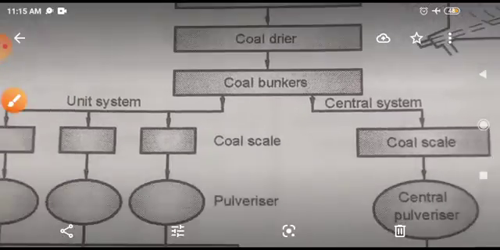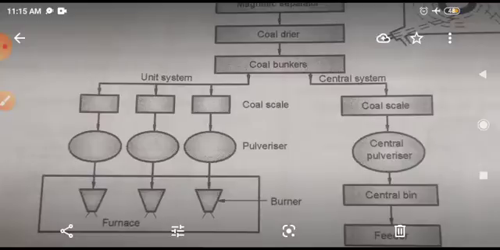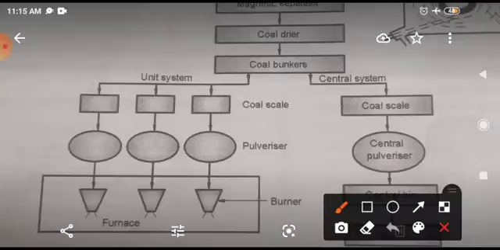Then you can see from this coal bunker that two systems of handling the pulverizing mill are shown. First one is the unit system, and another is the central system.